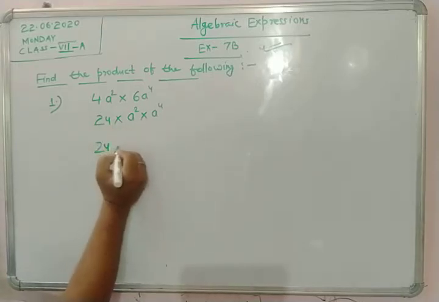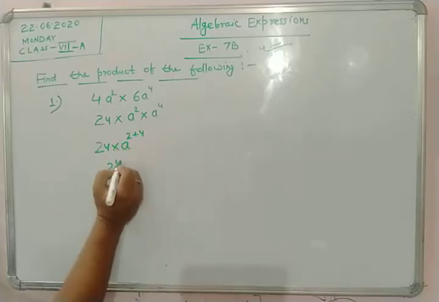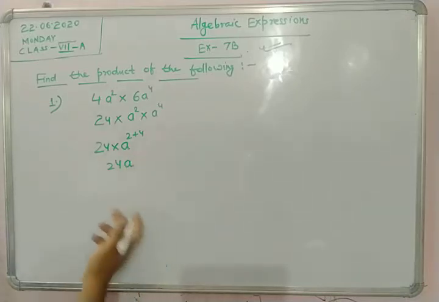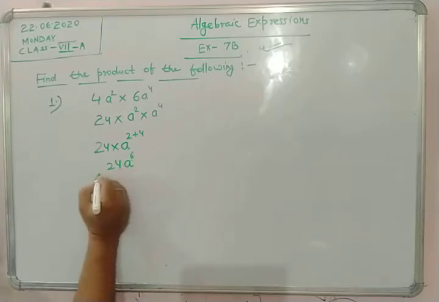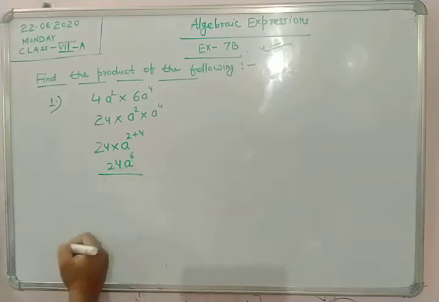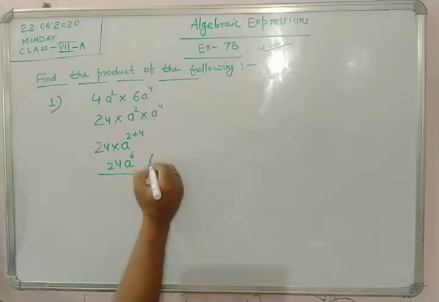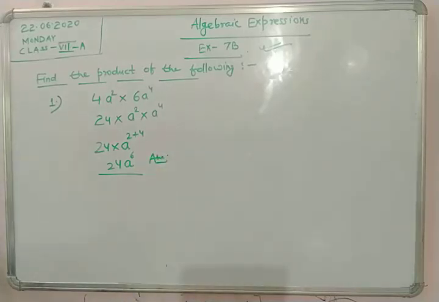So 24 into a to the power 2 plus 4, which gives 24a to the power 6. The relation between a to the power 6 and 24 is multiplication. So simply we can solve this question. Very easy question, I guess you have understood.